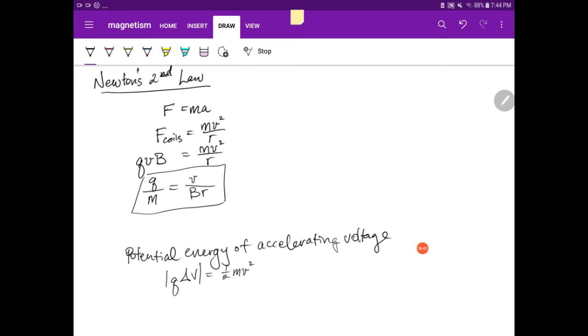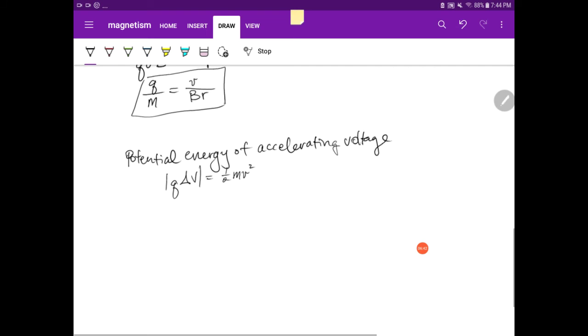And so then we can simplify this to solve for V so that we're able to plug it back into that equation up above.